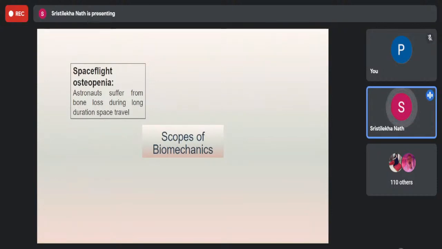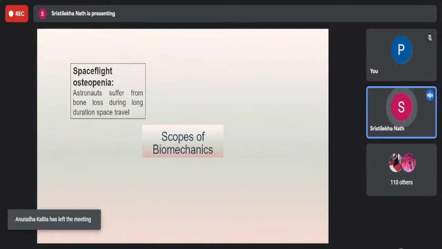You must have all heard about osteoporosis, which is prevalent among women, where they are found to have loss of bone mass.